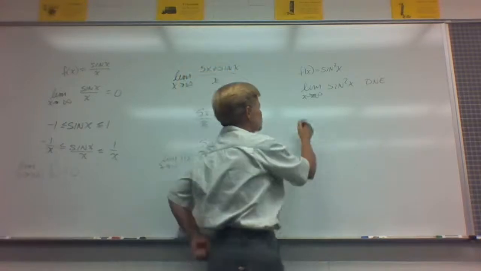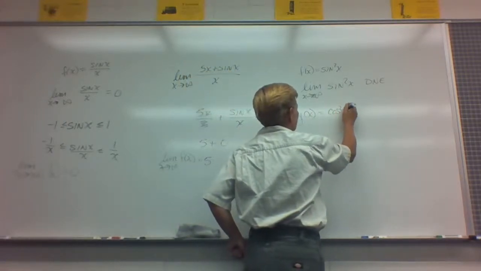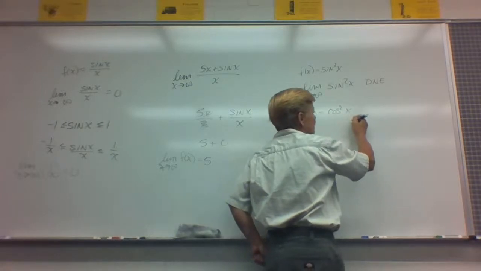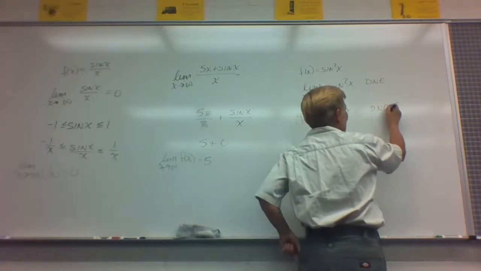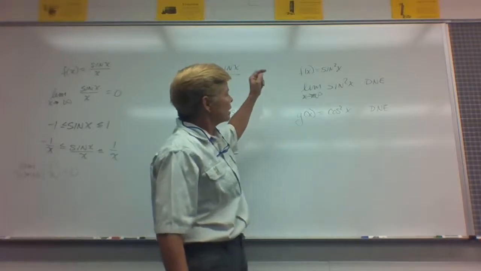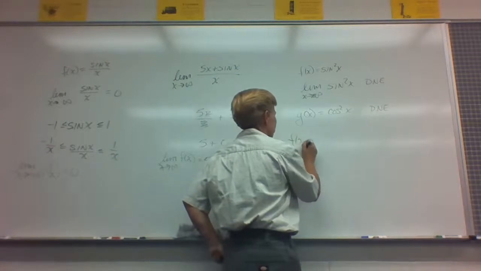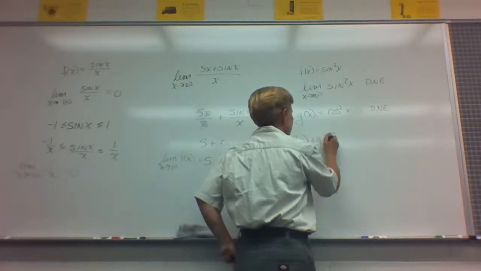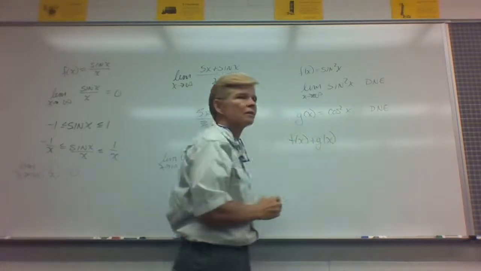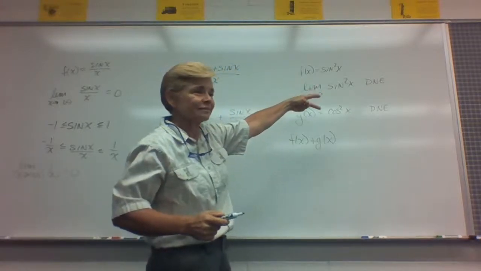What about this one, g of x, cosine squared x? What is it going to settle on? It doesn't exist either. So I can't apply the properties that I was thinking of to figure out what f of x plus g of x is. As a new function, you can't figure it by adding the two results because there's no result.